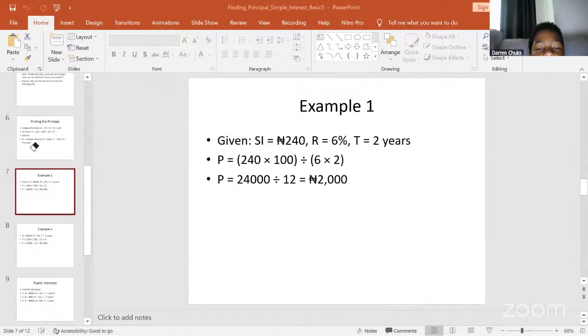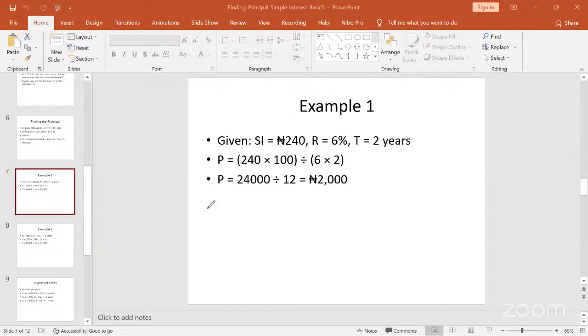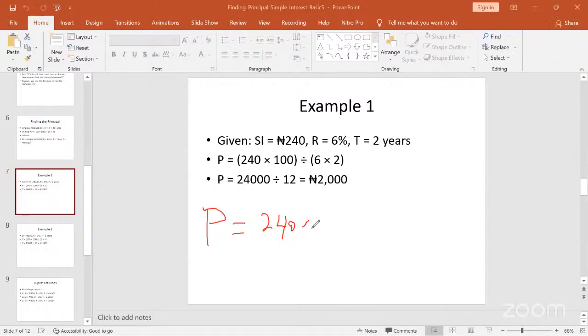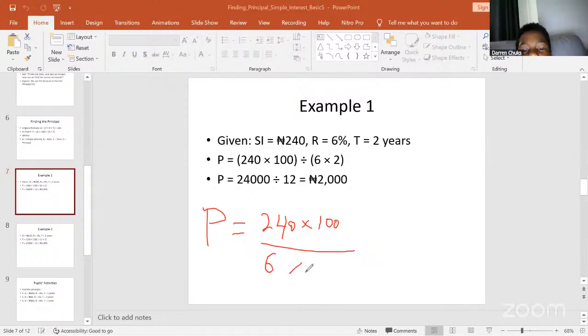Remember that our principal, P, is equal to, what's our simple interest in that question? 240 naira, times 100, divided by, what's our rate? 6, divided by 6, and what's our time? 2. Very good.